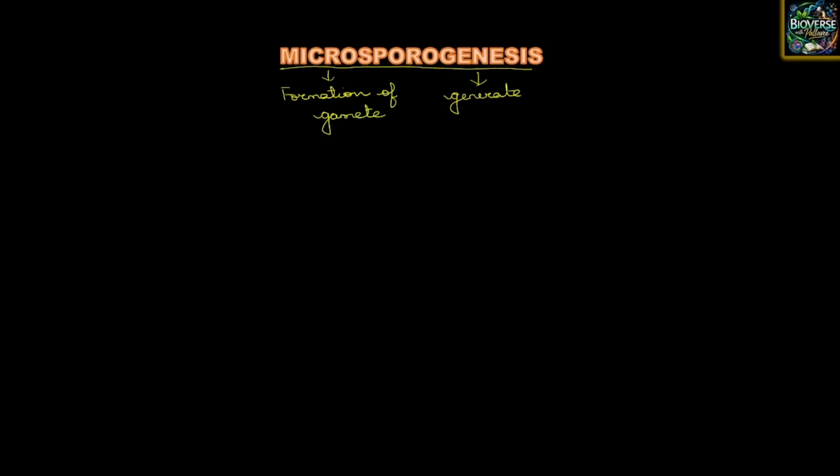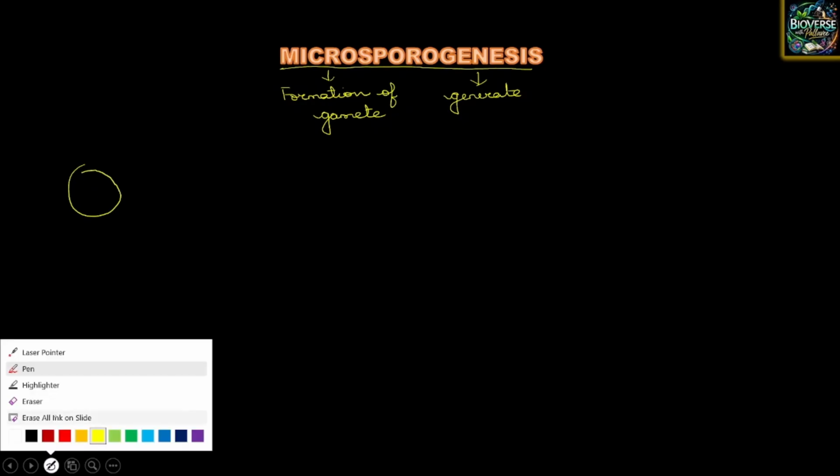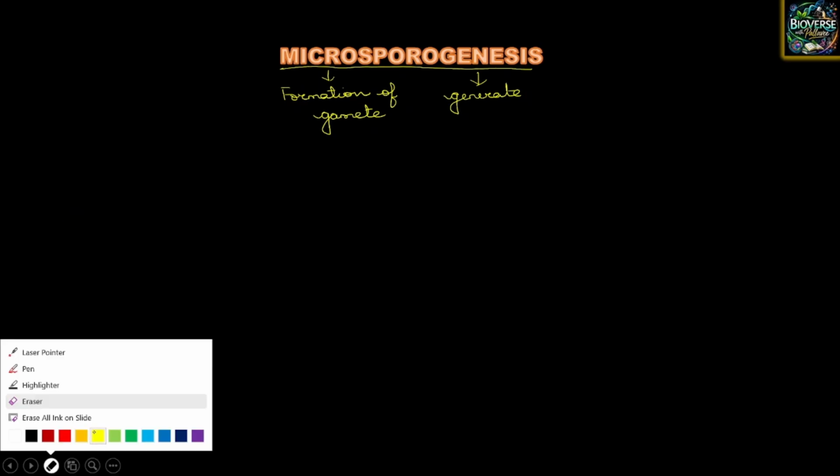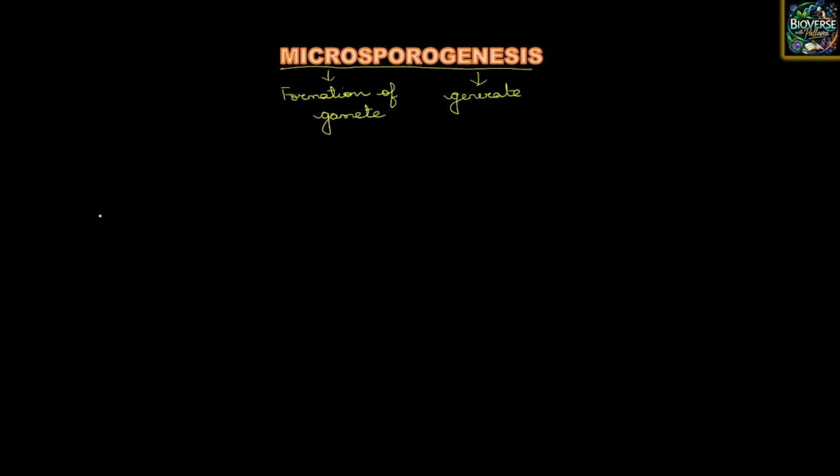Now, when we need to understand what is microsporogenesis, what we see is that the innermost layer is the tapetum. Yes, so let us understand this is the tapetal layer. Okay, children, this becomes the tapetum.